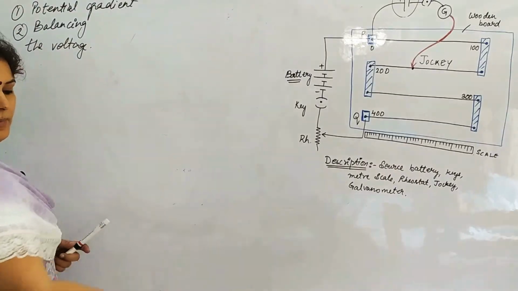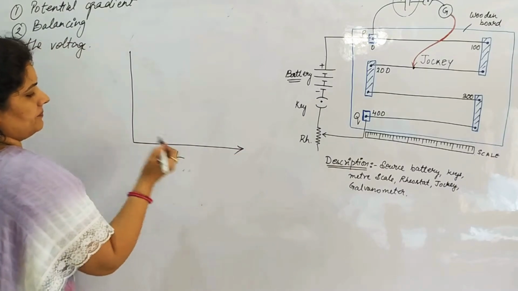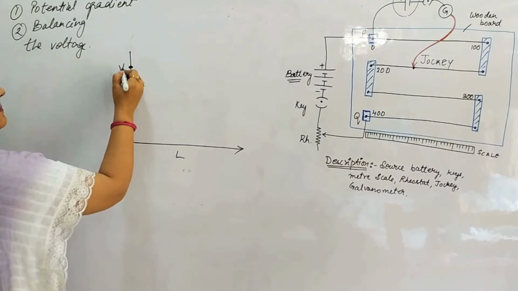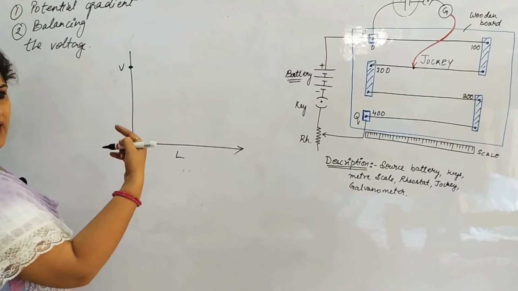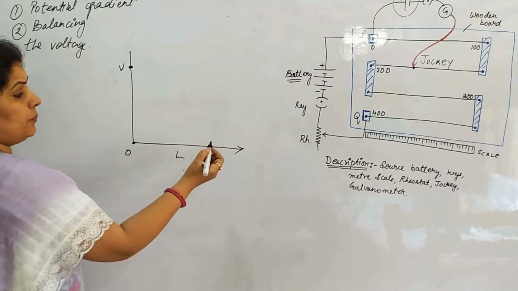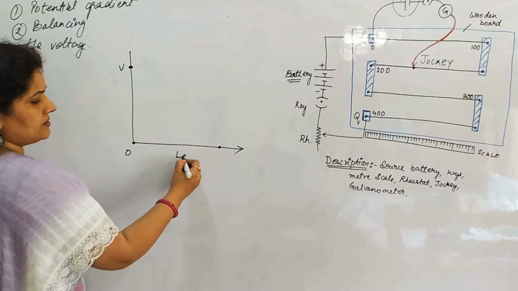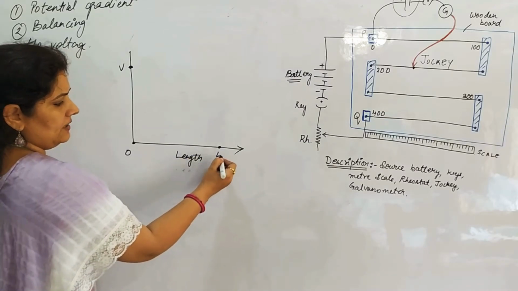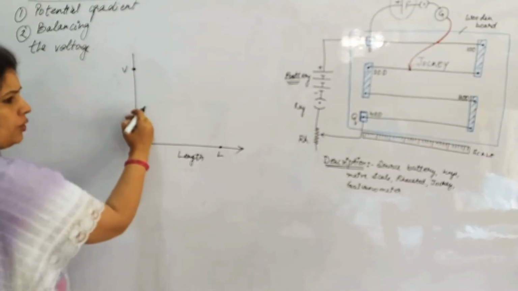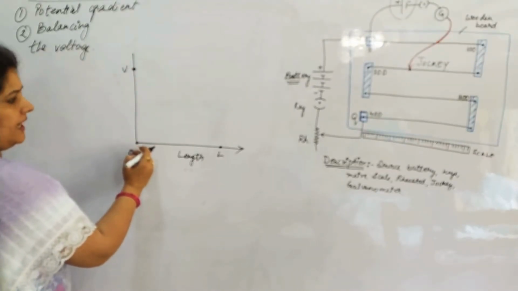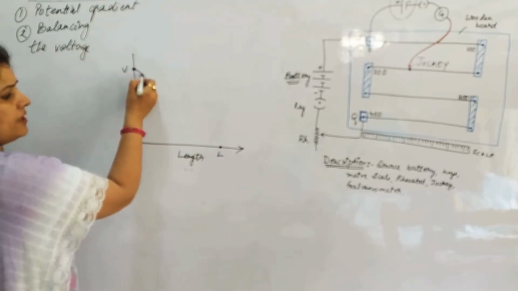One more thing we have to remember: if we plot a graph between the potential drop and the length, potential will be maximum when length is 0, and potential will be 0 when length is maximum. So what kind of graph do we get?